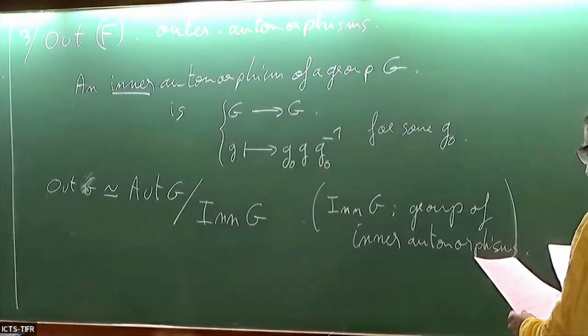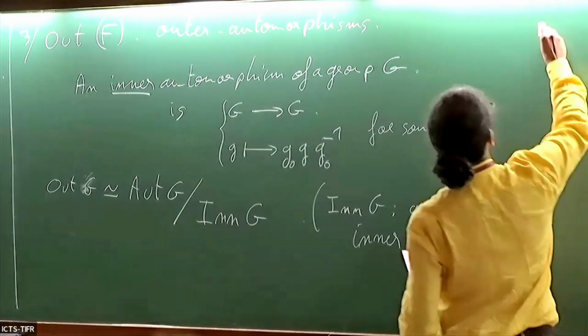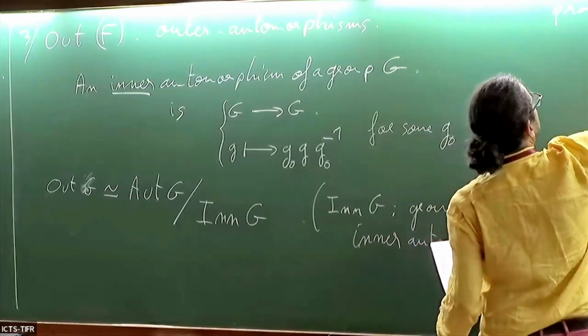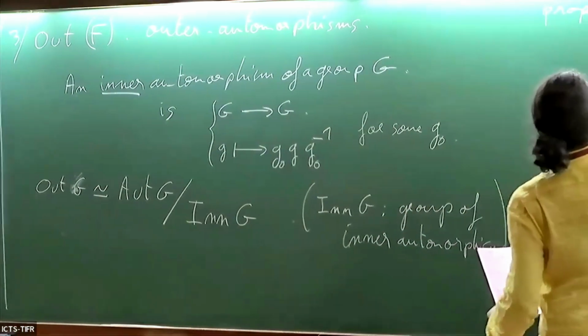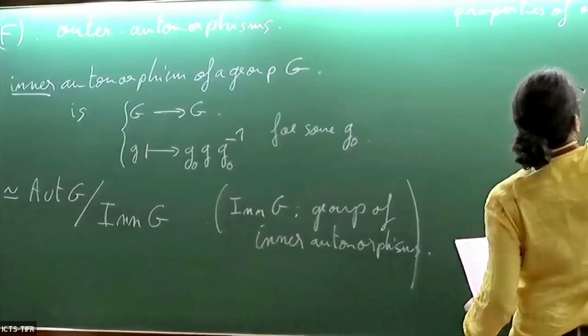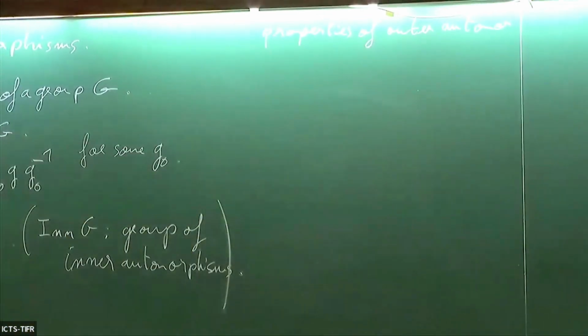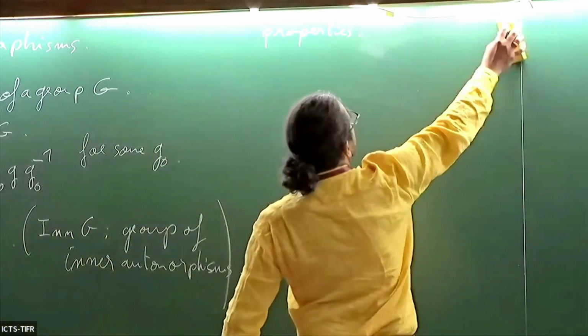Okay. Miscellaneous properties that outer automorphisms may or may not have.